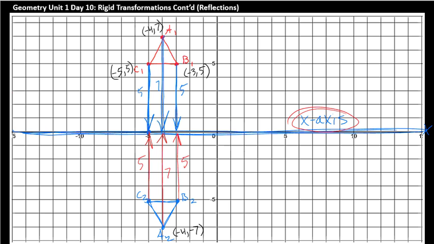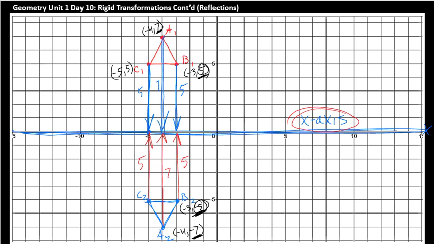So it's the same numbers, except my signs changed on my y-coordinate. I went from +7 here to -7 here. So that's a little pattern that we'll keep an eye out for. So what is B2? B2 is (-3, -5). And again, we went from +5 to -5.